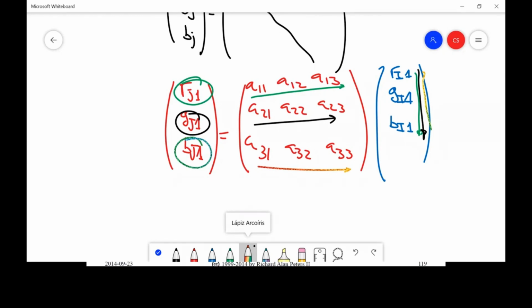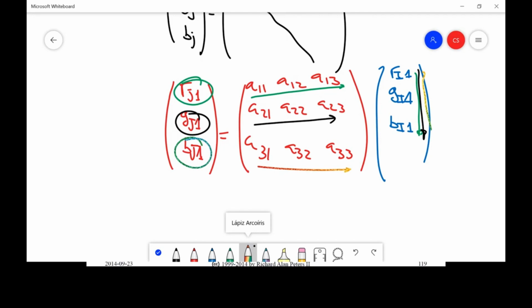So actually, this is a convenient way of writing, but I could reorganize this equation system such that my unknowns become the unknown vector on the right. Okay, and so I have 9 unknowns. I have 3 equations.